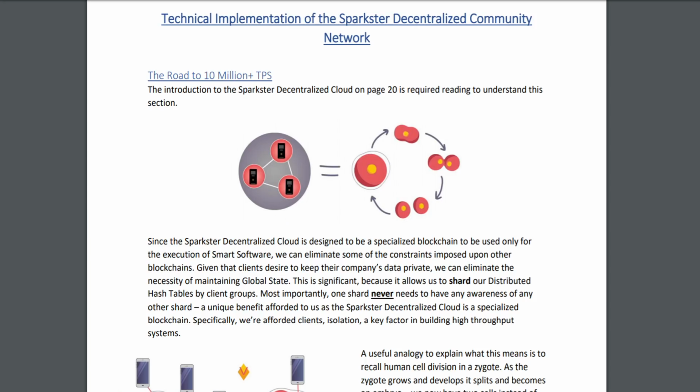Sparkster hits these high transaction speeds currently, and aims to hit 10 million transactions per second through the use of what they call sharding. They essentially can remove some of the constraints that are currently on other blockchains, because in their particular use case, their clients don't really rely on information being publicized.